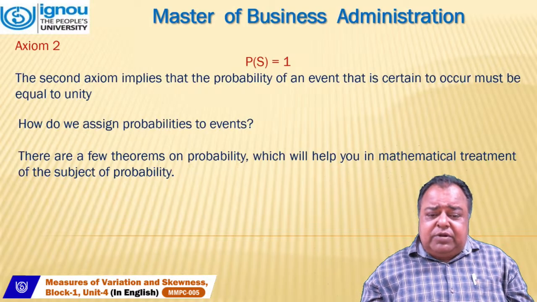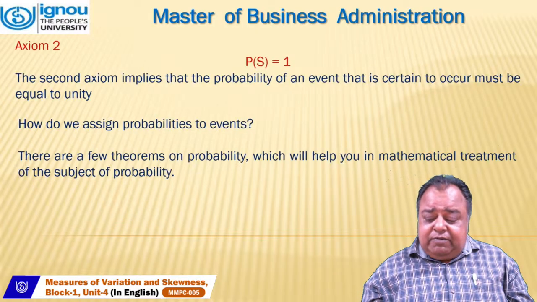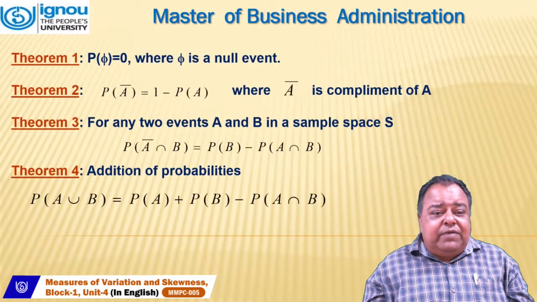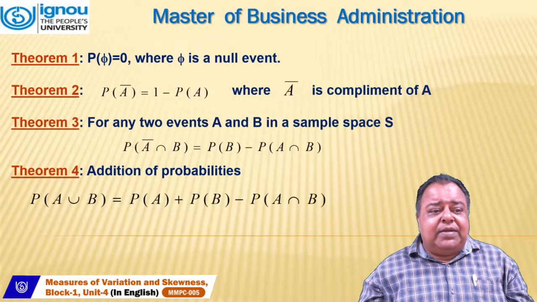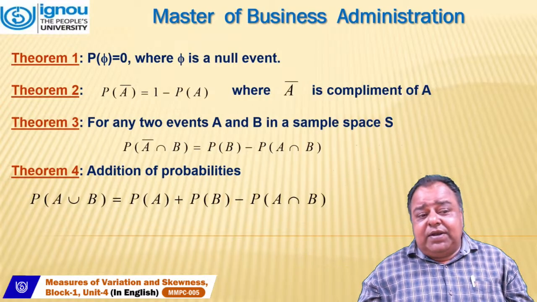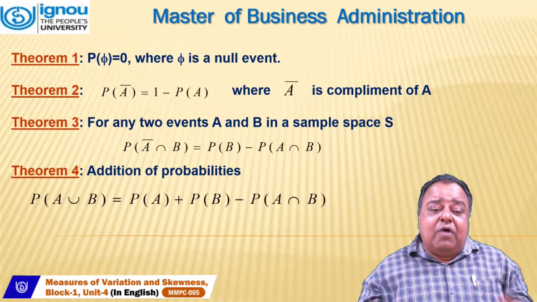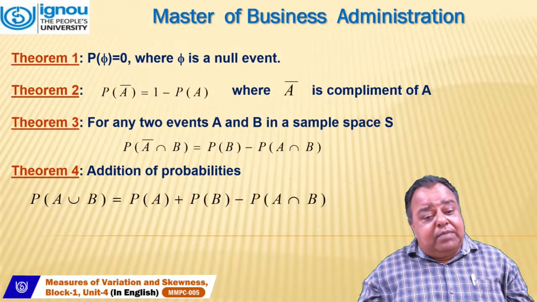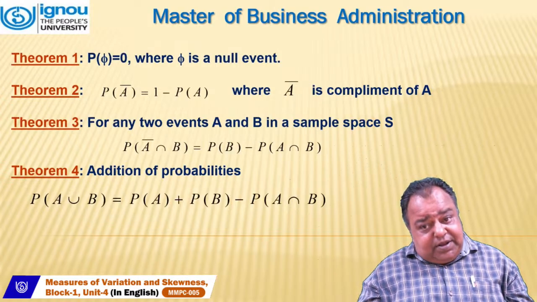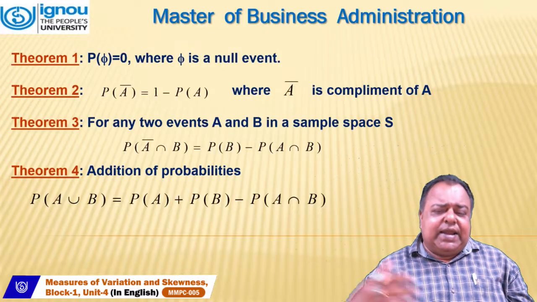There are a few theorems on probability which will help you in the mathematical treatment of the subject. Here is what we normally use directly. Probability of no event is equal to 0, that is null. Probability of the complement, P(A bar), is equal to 1 minus P(A), where A bar is the complement of A, that is, the negative part.